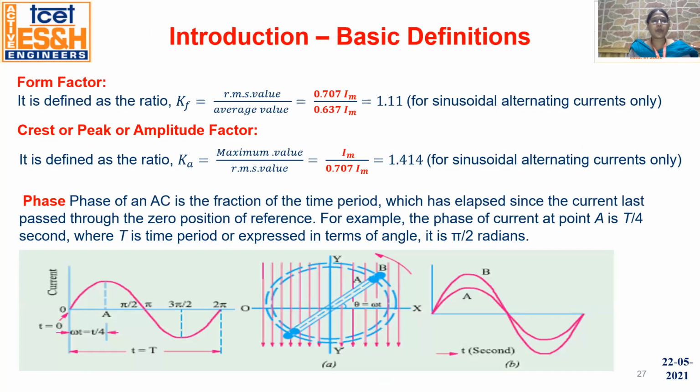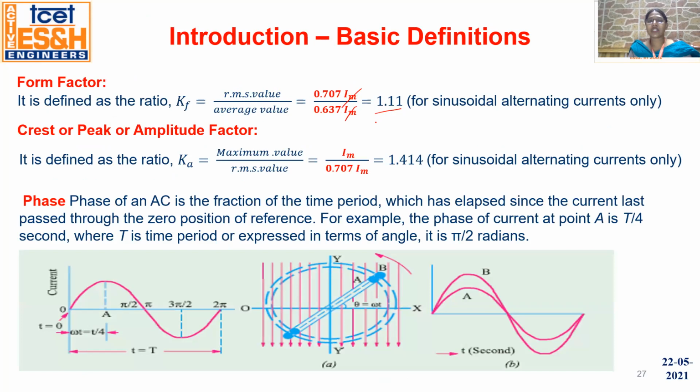Now, the form factor is the ratio of the RMS value divided by the average value. This is the RMS value 0.707 Im divided by 0.637 Im, and the Im cancels, and we have only 1.11 for a sinusoidal waveform.